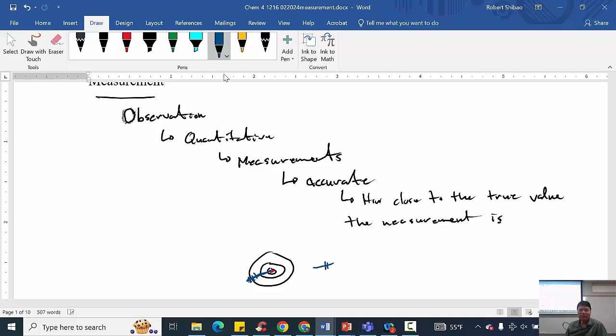But if you're way off here, let's say this is another dart, it's supposed to be a dart, and it's way off, then that's fairly inaccurate here. And so we want some kind of accuracy, but it depends.